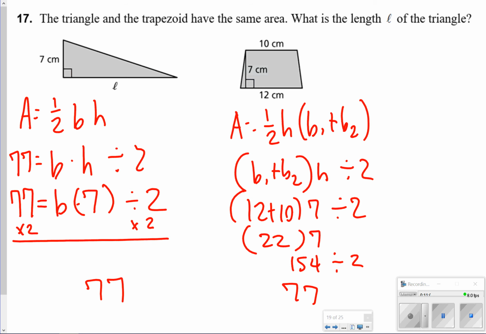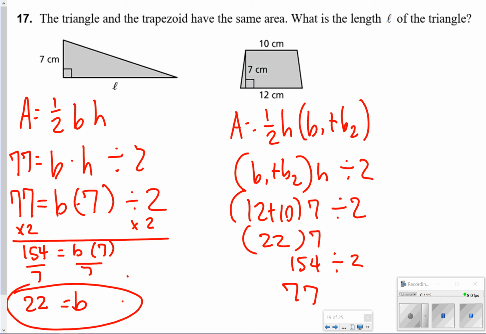So 77 times 2 gives me back to that 154. So b times 7 should give me 154. And then how to undo multiplying by 7 is dividing by 7. So 154 divided by 7 is going to give me 22. So 22 would be the base, or sorry, the length of the triangle.